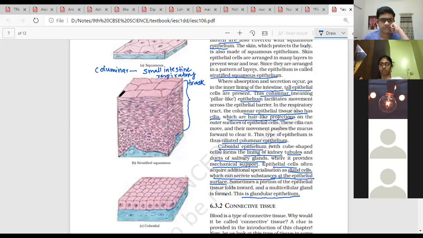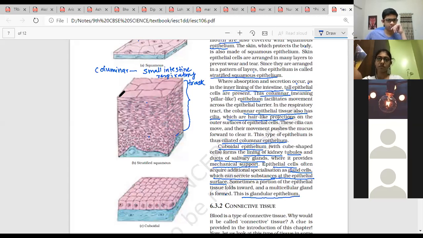Plasma is a liquid medium in which the different cells, RBC, WBC, and platelets, are embedded and easily pass through. That liquid medium, the plasma, is the matrix.